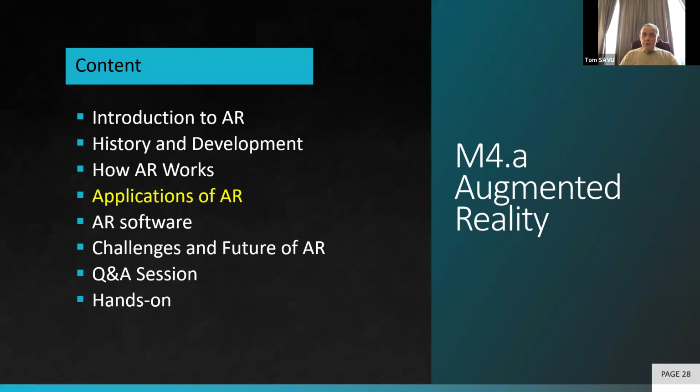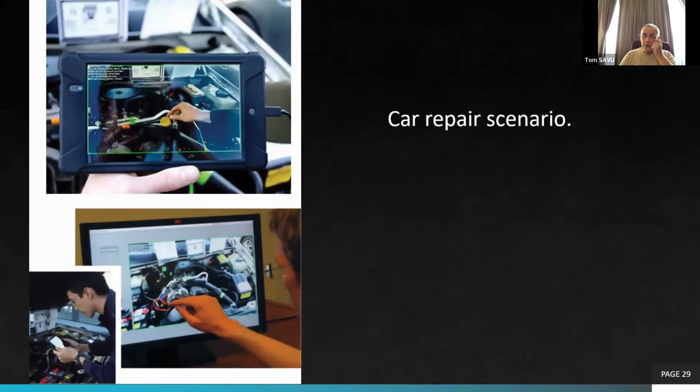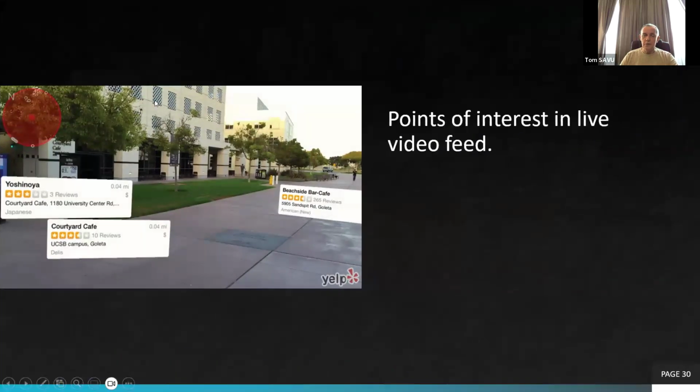Let's see some of today's applications. For example, in repairing cars or different equipment, when looking at different parts of the engine, an augmented reality system can tell the worker the next operations, the activities to be done to repair the engine.